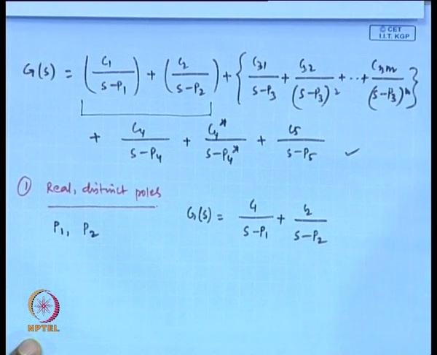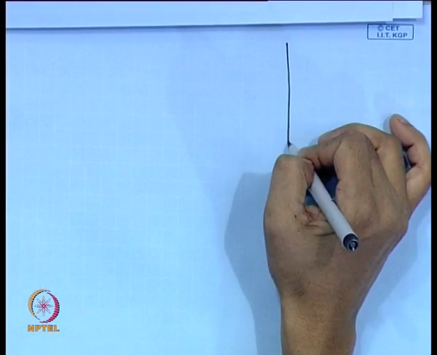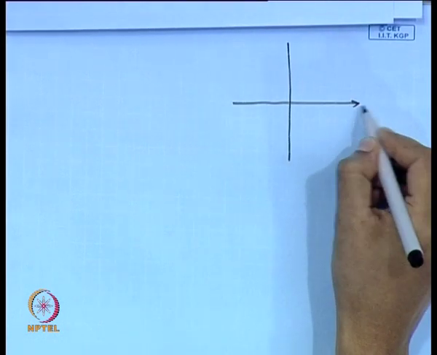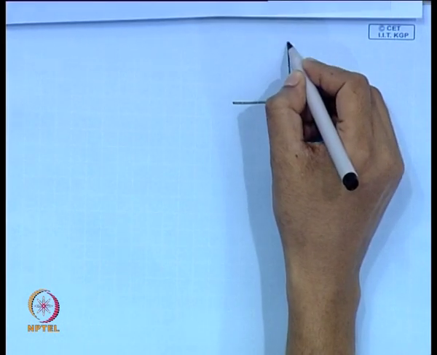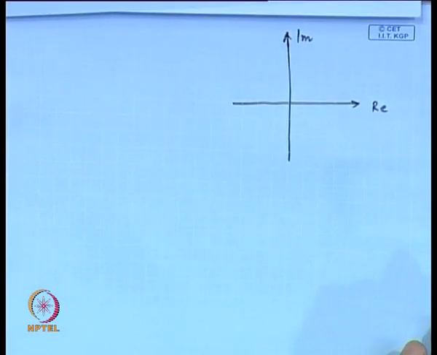I have mentioned another thing, that s is defined in the complex plane by s equals a plus jb. So, we can represent these two poles in the complex plane in this way. Suppose this is the real axis, this is the imaginary axis. Both the poles are real and distinct.